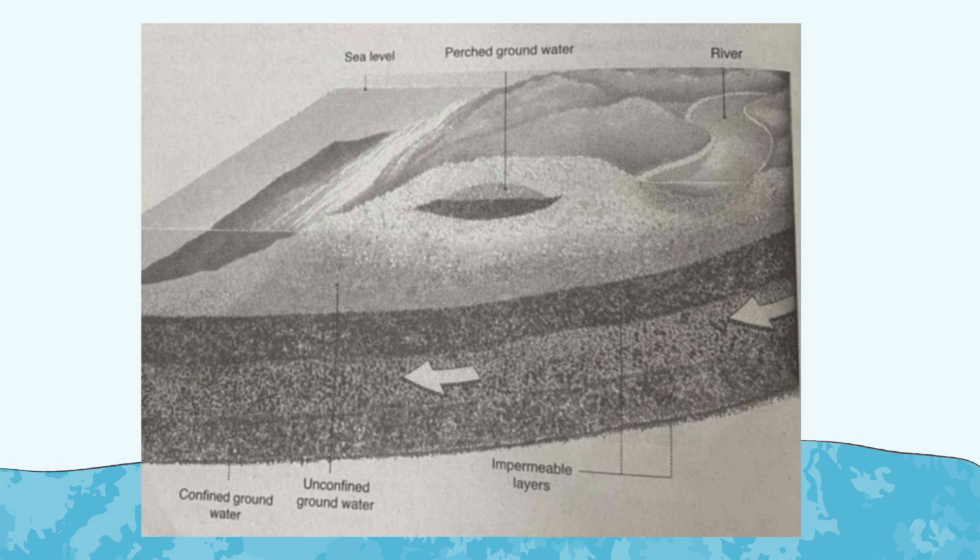The impermeable layers are indicated at the bottom, preventing water from seeping deeper into the earth. The diagram explains how groundwater is stored and moves through different types of subsurface formation.